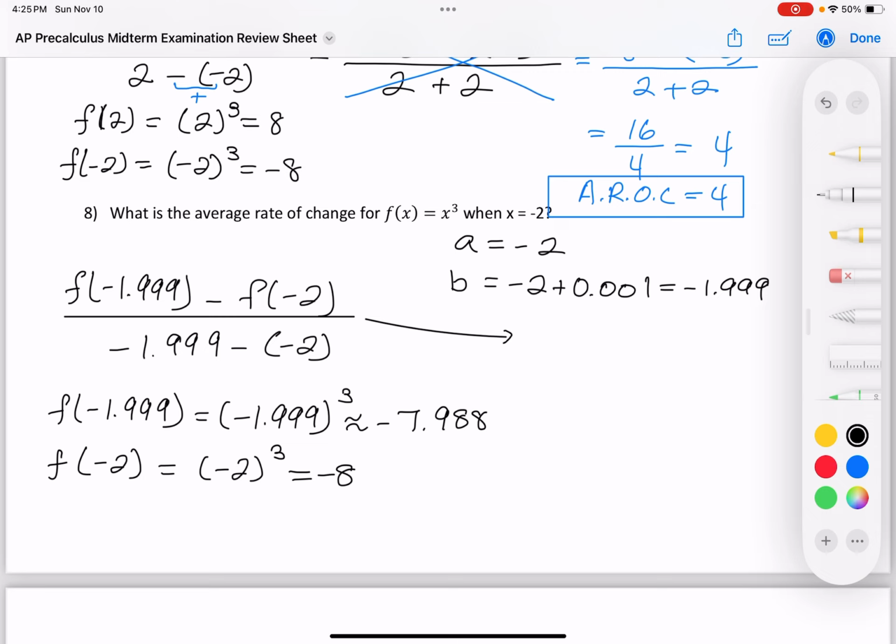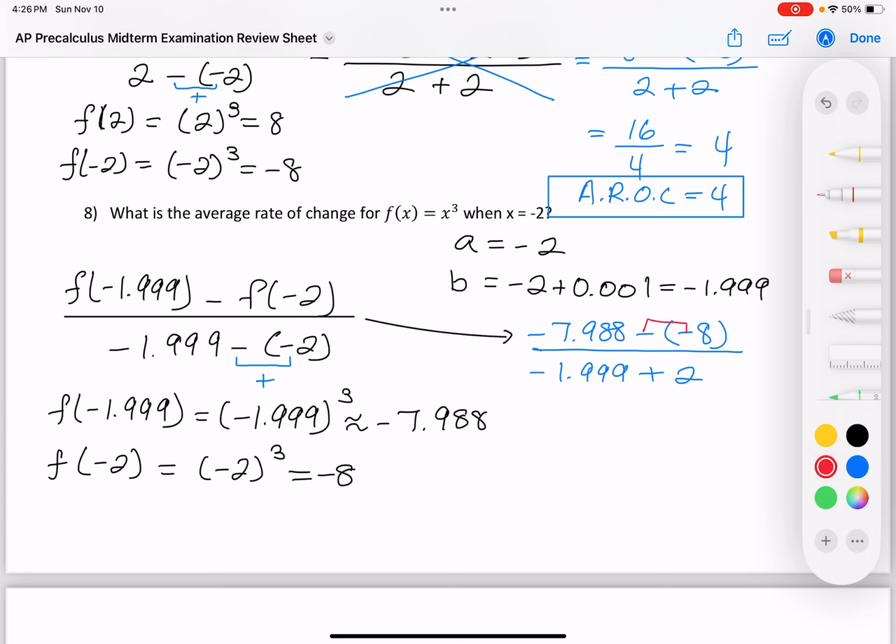So our average rate of change is going to be negative 7.988 minus negative 8, that's our f of a, divided by, well, 2 negatives make a positive, so that's negative 1.999 plus 2 in this case.